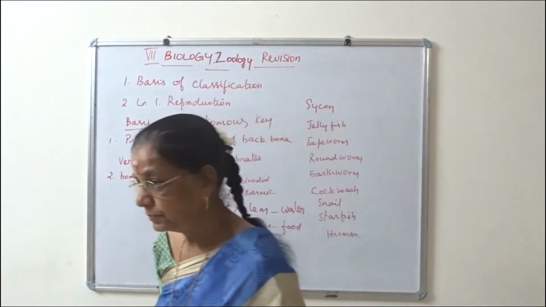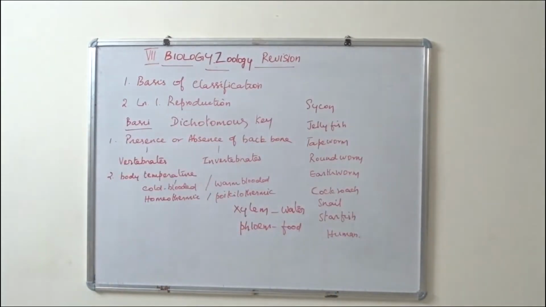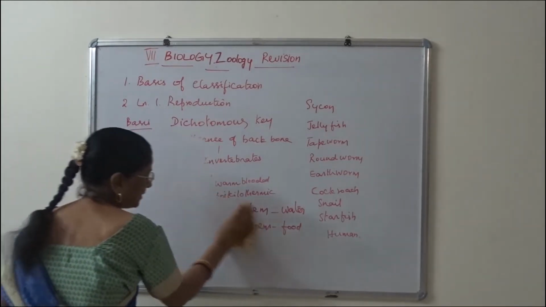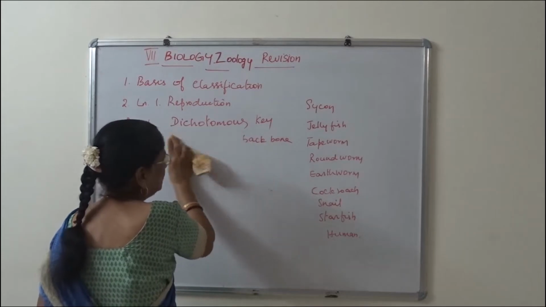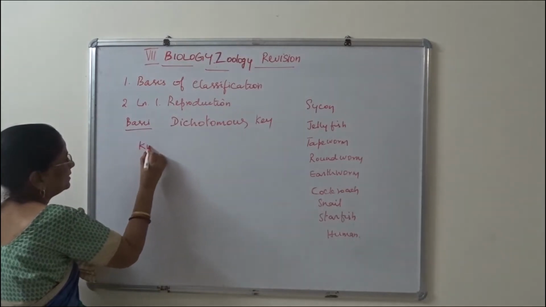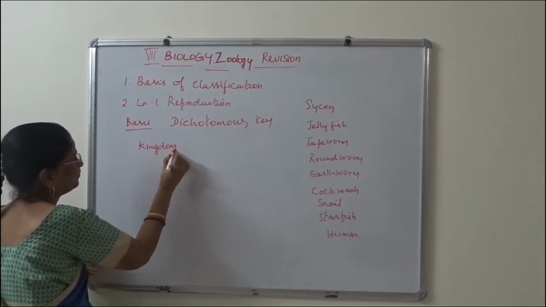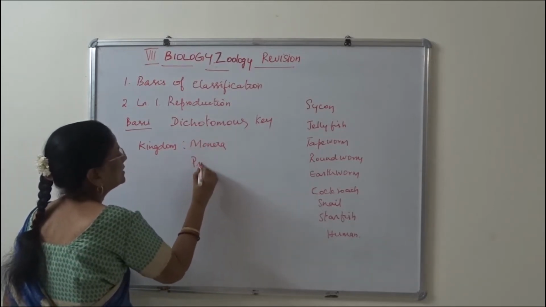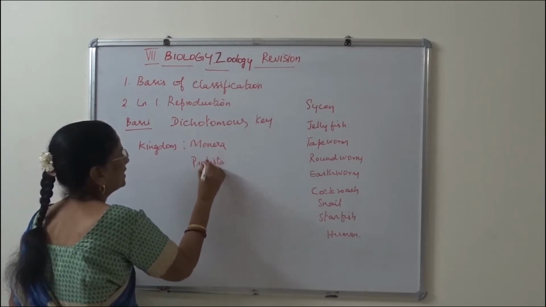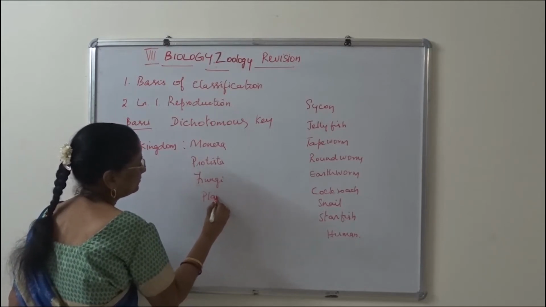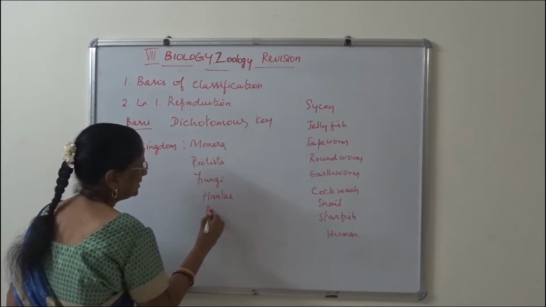So we'll continue. 5 kingdom concept. Kingdom Monera. Kingdom Protista. Can you recollect what I said now? Repeat it. Say within yourself: Kingdom Monera, Kingdom Protista, Kingdom Fungi, Kingdom Plantae and Kingdom Animalia.